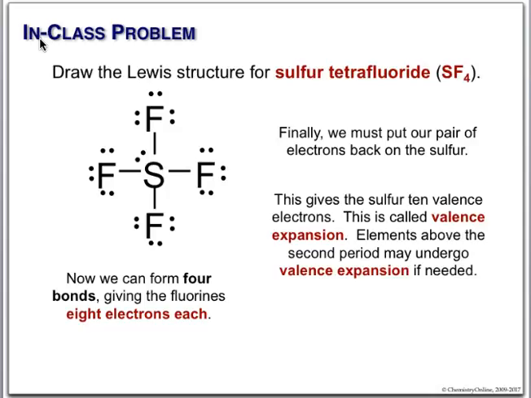How can it do that? That's because, like I said, it lives in the 3rd period. 3rd period and below, you can put up to 14 electrons around the central atom, and we stick them in just like this. This is called valence expansion.